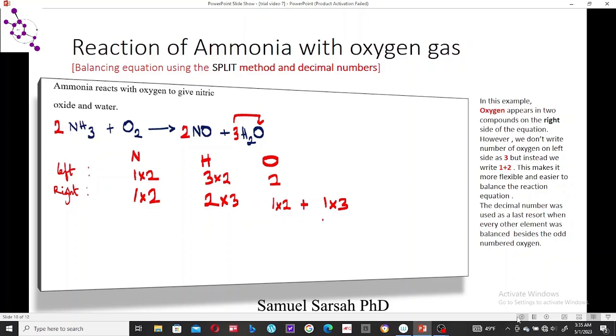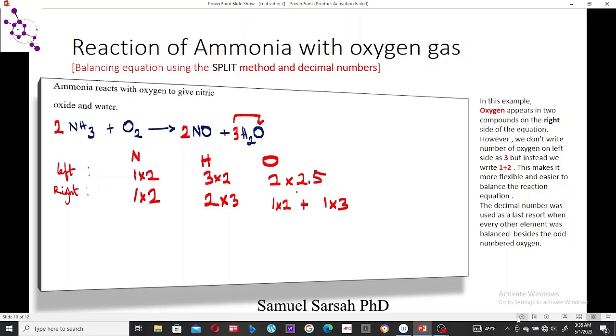We have 2 plus 3, which is 5 total. So we don't want to make any mess, but in this case we have to use a fraction or a decimal, and to do that, since this is 5, we just have to come here and then multiply this by 2.5.